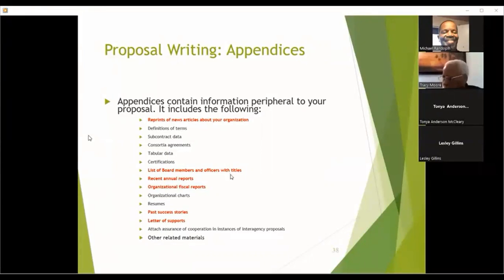Again, I can't overemphasize that the one thing you want to do is to stay active on Facebook, on LinkedIn, because that's what funders do. They search the web to see what you are doing, more importantly, what you are doing with nothing in order to ask us for something.